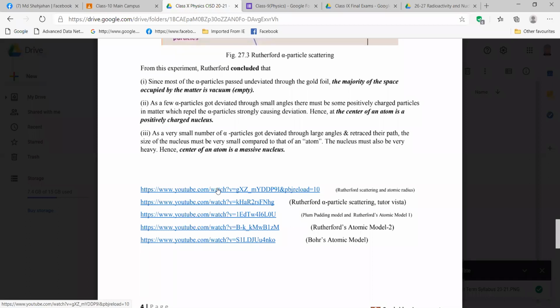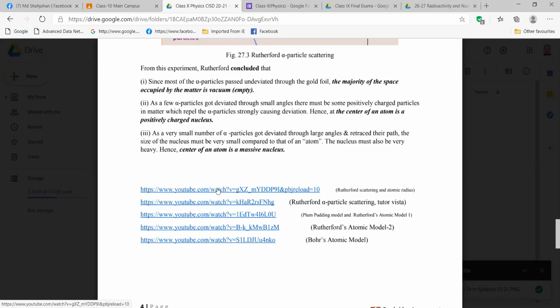Since most of the particles passed undeflected through the gold foil, the majority of the space occupied by the matter is vacuum, empty.